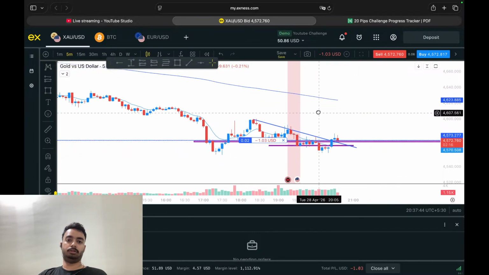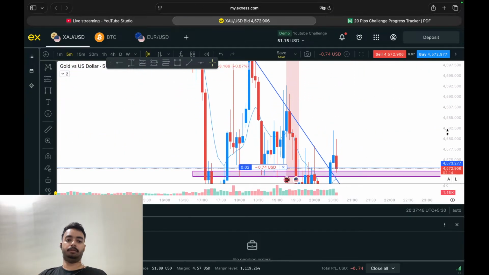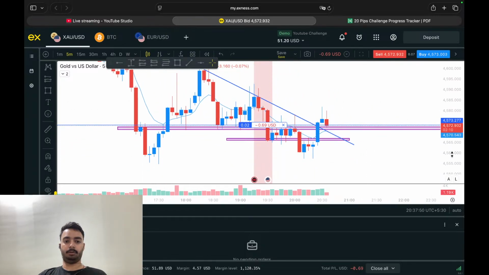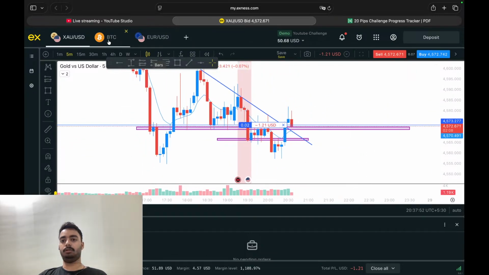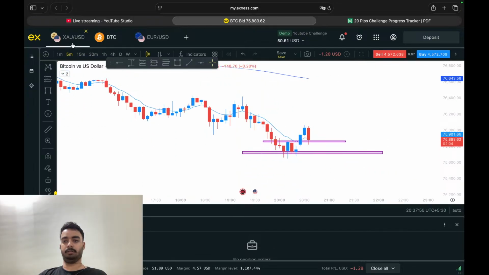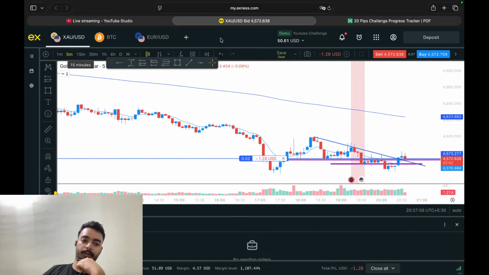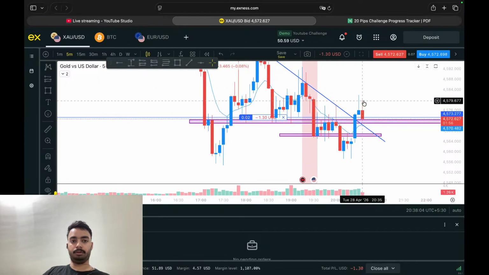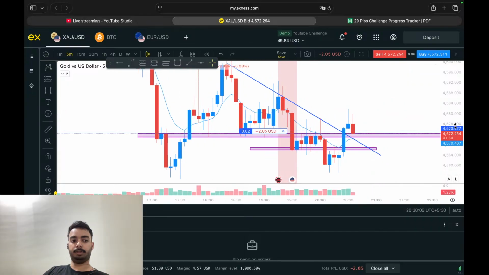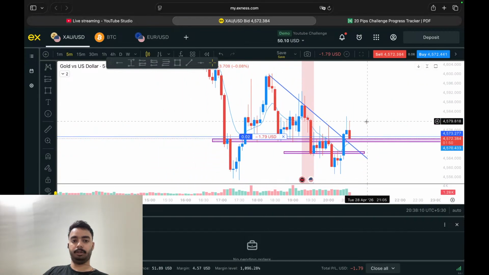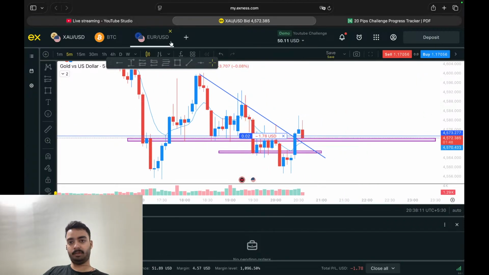Both gold and Bitcoin pulled back to their resistance zone, now acting as a support, and they are retesting it. So if they are able to retest and go up again, we can see a very good movement in both of them.